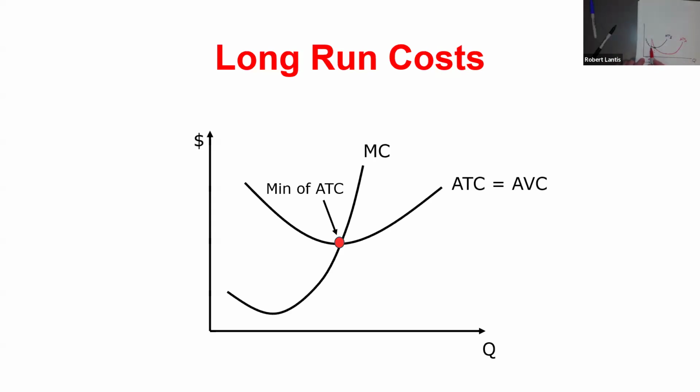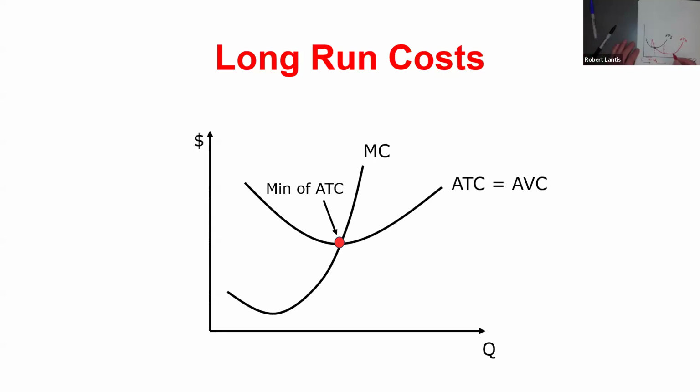What plant do I want to be in? The small plant. Now, if I ever get to a point where I want to produce past this point, every quantity here, what is now true about my average total cost in the small plant relative to the medium-sized plant? They're now higher. So what plant do I want to move to? That medium-sized plant. I can reduce my per unit costs.